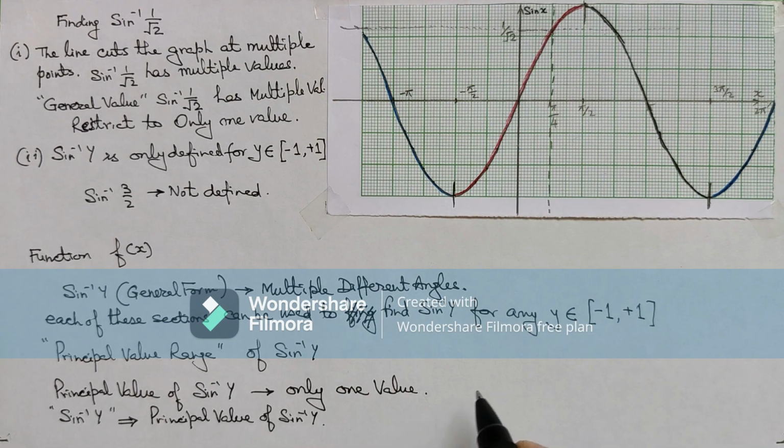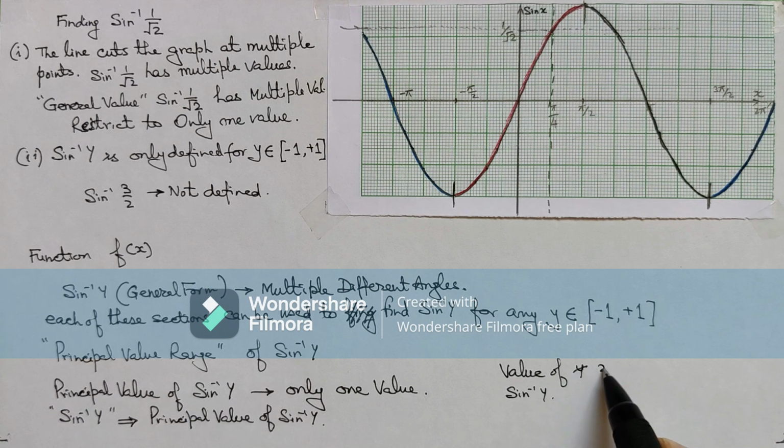When we talk of value of y is given and I have to find sine inverse y, it's a convention to use the letter x for the variable which is given and use the letter y for the value which has to be found out.